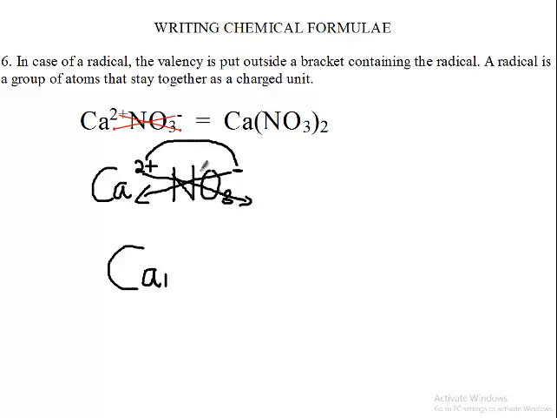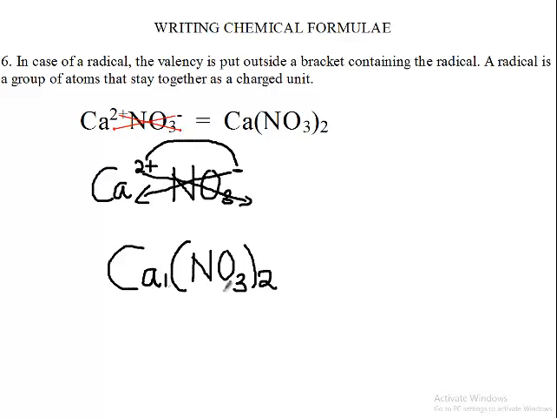Now the whole nitrate is what is being affected by the 2. The whole nitrate, NO3, is what is being affected by the 2. So we are going to put everything in bracket, NO3, and then the 2 will come outside because this 2 is affecting the whole NO3.